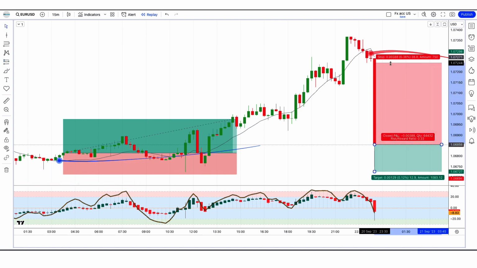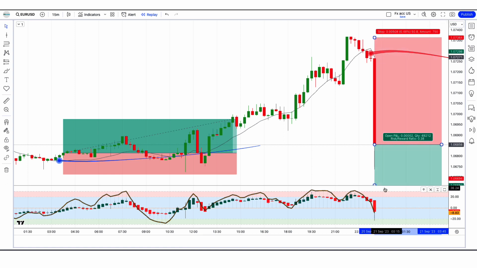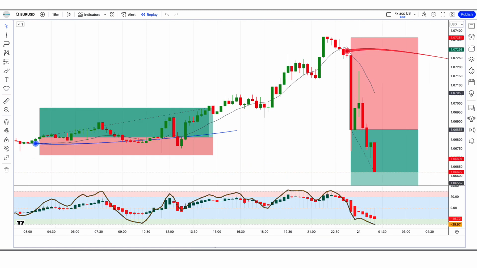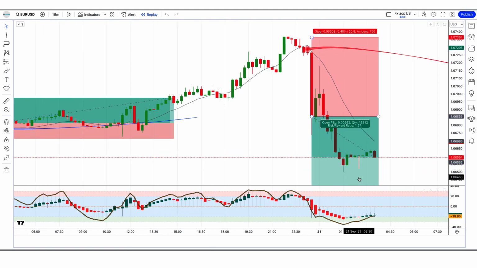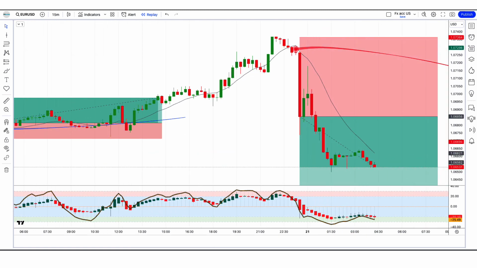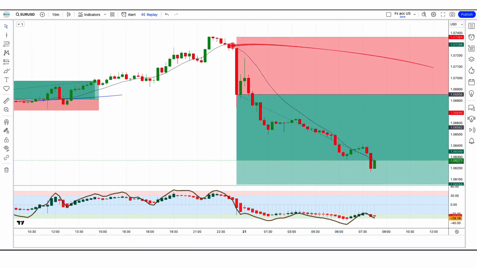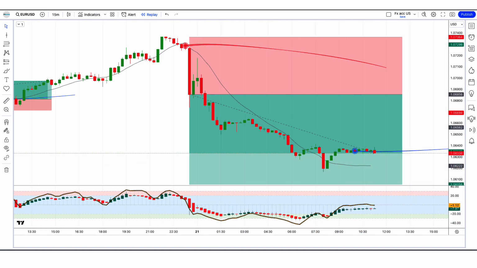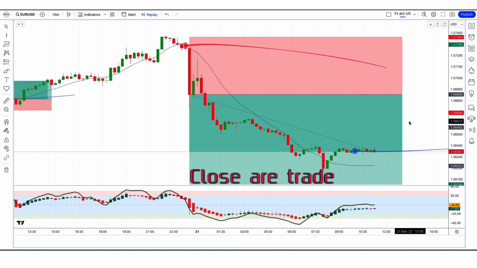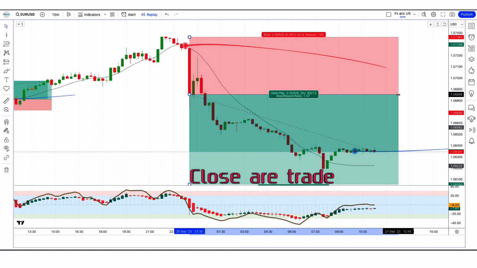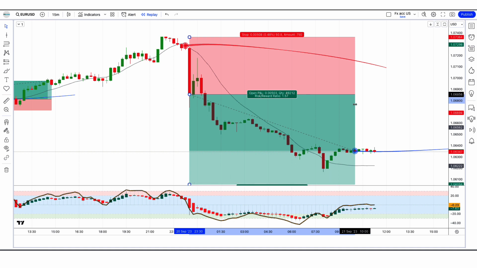Our stop loss will be placed at the current market's higher point, and the risk to reward ratio will be 1 to 1.5. Here we are closing our trade because we got a buy signal before the result of the previous trade.